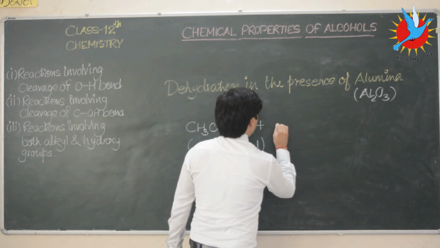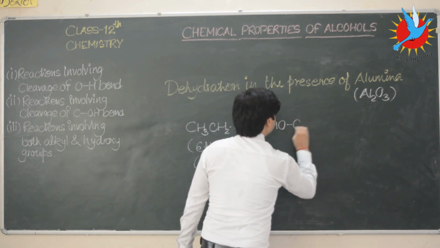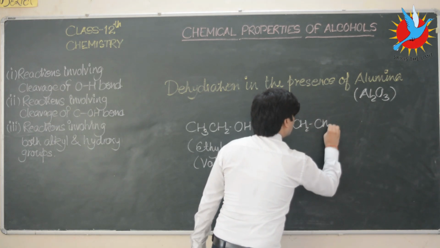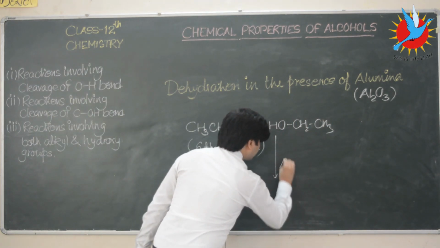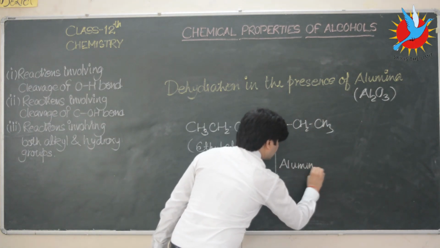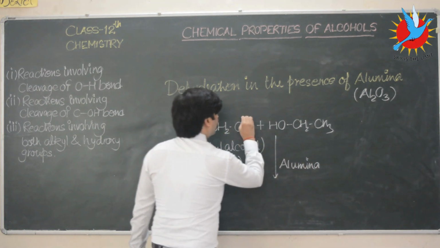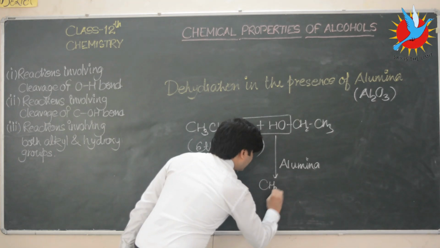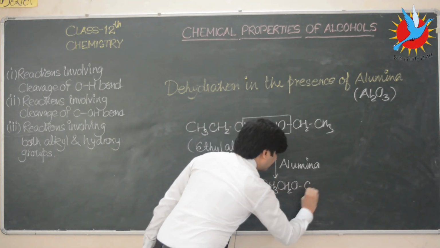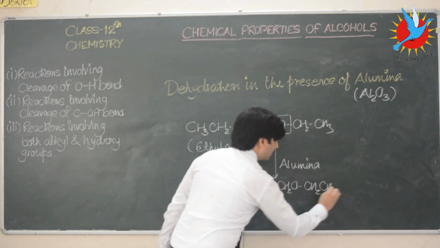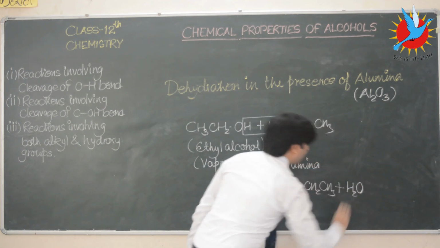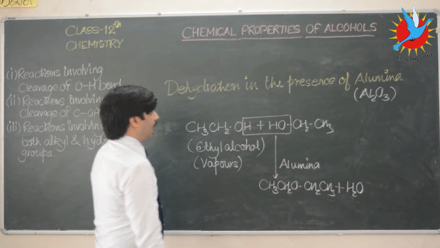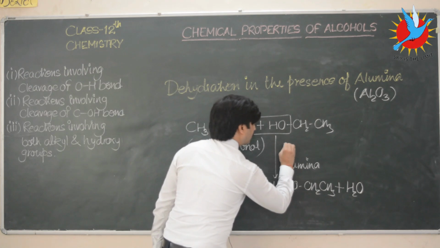If vapors of ethyl alcohol are passed through alumina, then dehydration takes place and the product will be ether. Along with it we will get a water molecule, and the temperature will be 513 Kelvin.